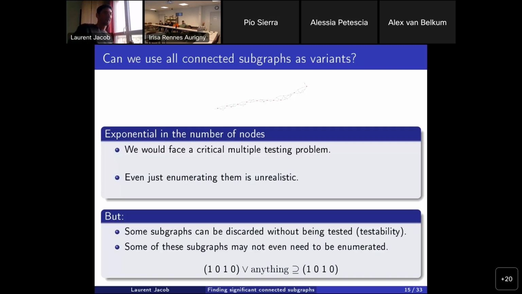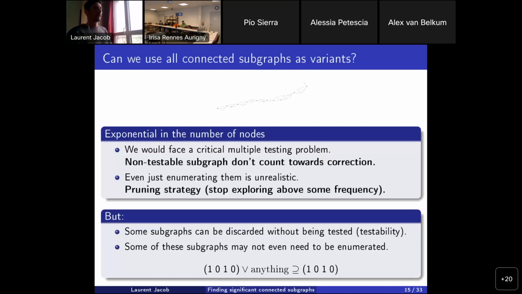So if I start from a unitig or another pattern which is not testable already because it's already present in too many strains, and I do a logical OR with anything, I just add a neighboring unitig, then it will be even larger. So I know I don't even need to test it anymore. I can stop exploring from there. So this will partly solve our 2 issues because the non-testable subgraphs won't count towards correction. And we'll use this pruning strategy to not explore all the possible subgraphs.